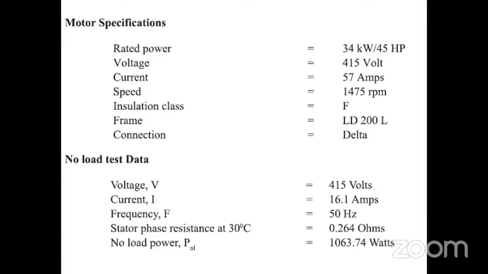It will be in delta connection only, sir. Okay, and the line current will be more than the phase current. Phase current will have to be the line current divided by root 3.